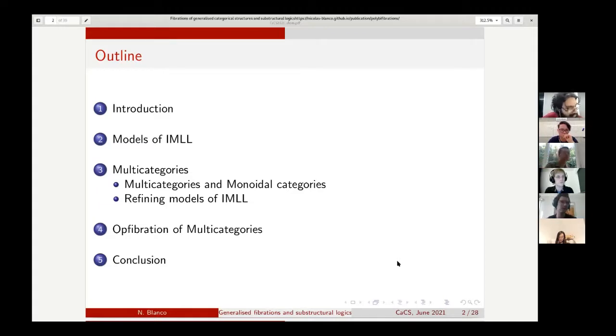And after that, I will explain how to represent symmetric monoidal closed categories using multicategories, and how to use then fibrations of multicategories to make it clear how to refine some model of the logic.